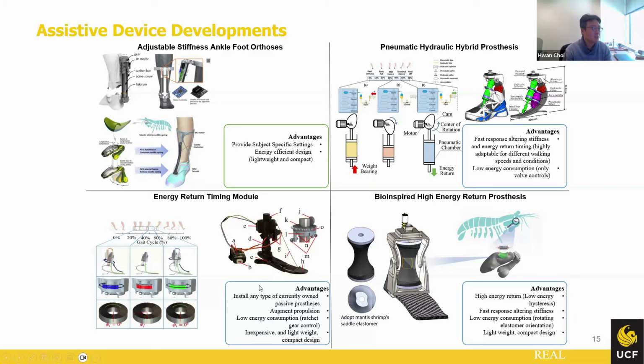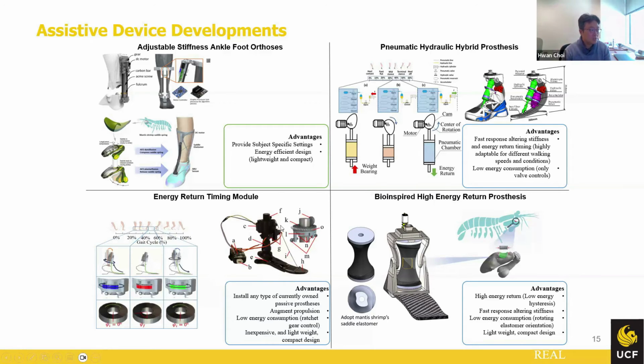And this is another project, capturing the energy storage of a commercially available carbon fiber foot blade. The reason why we came up with this design is that although the carbon fiber blade stores and returns energy when people walk, unfortunately the energy release timing is so fast that there is not much energy left when people try to push off their body forward.